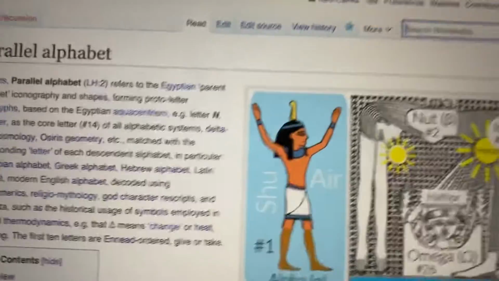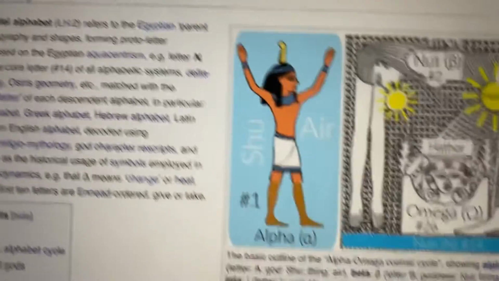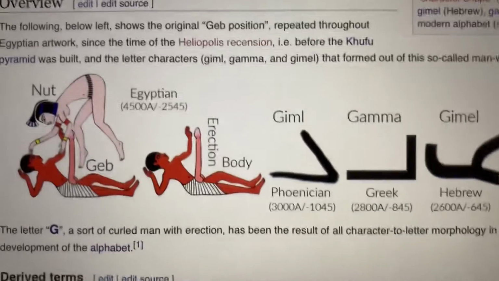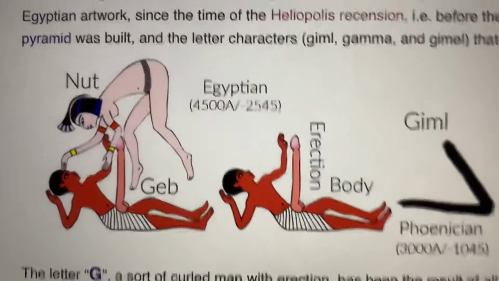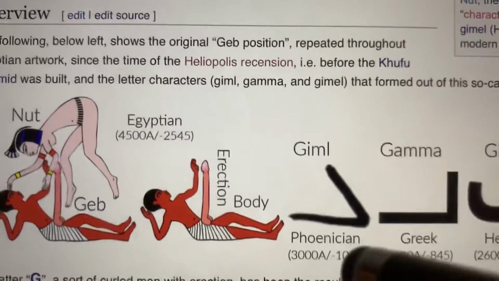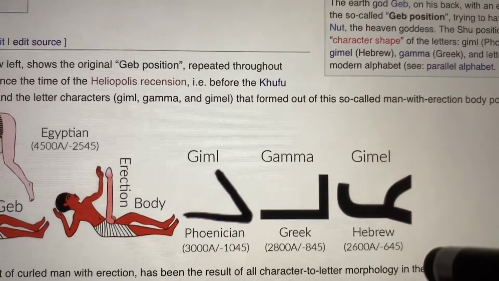This is called the Geb position. So there's Geb with an erection, and this gets rescripted into the character Gimel in Phoenician, Gamma in Greek, and Hebrew Gimel.